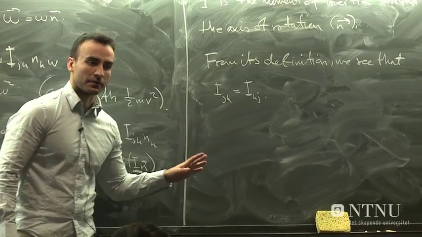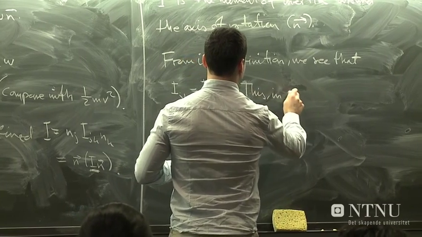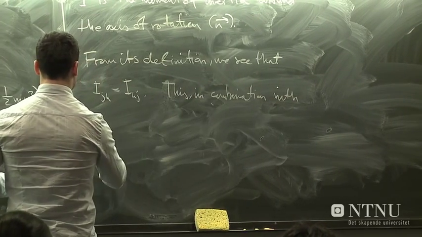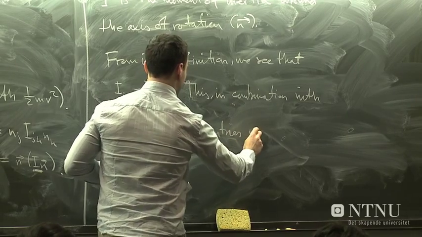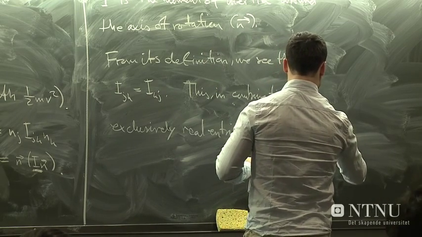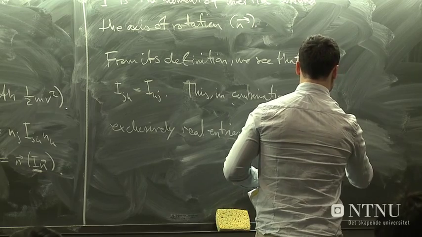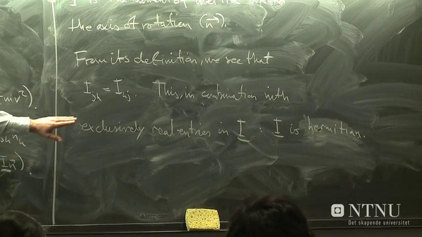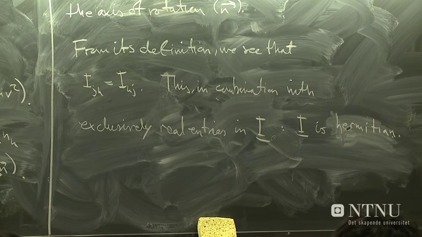And in addition, we know that the elements of I have to be real. And these two facts in conjunction, namely that it's a symmetric matrix and the entries of the matrix have to be real, means that the matrix of inertia is a Hermitian matrix.